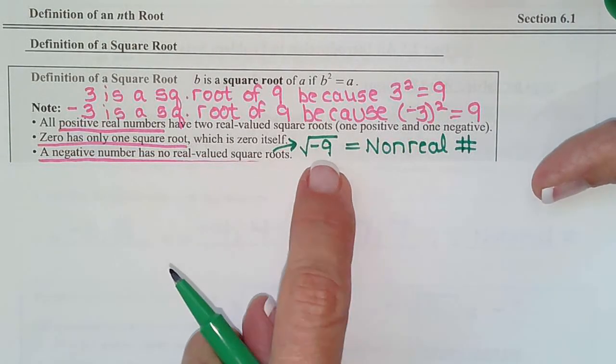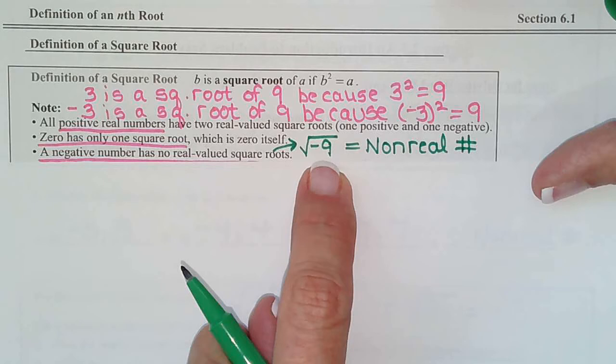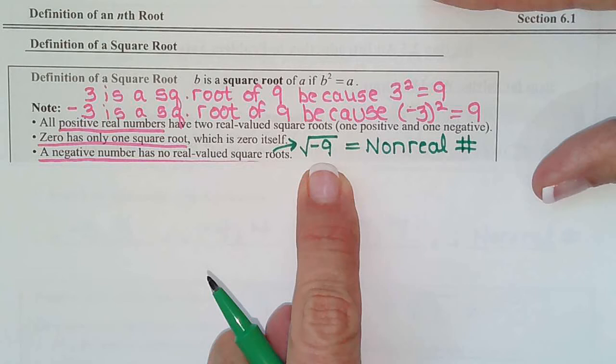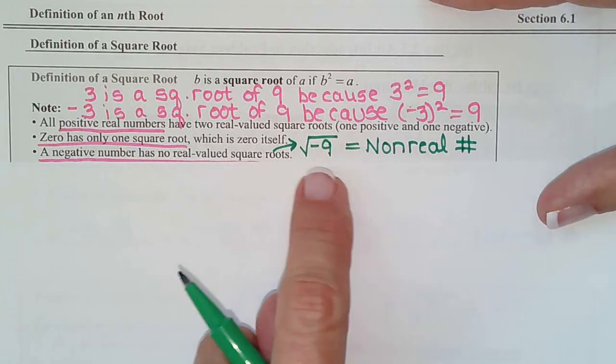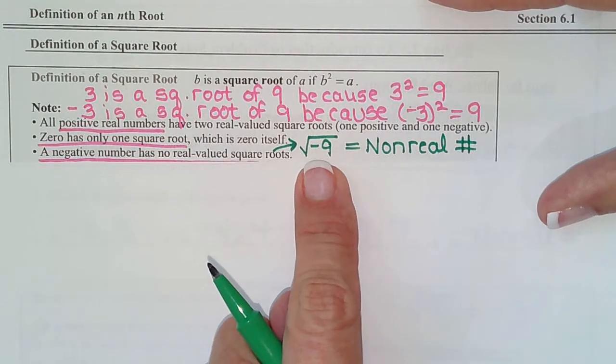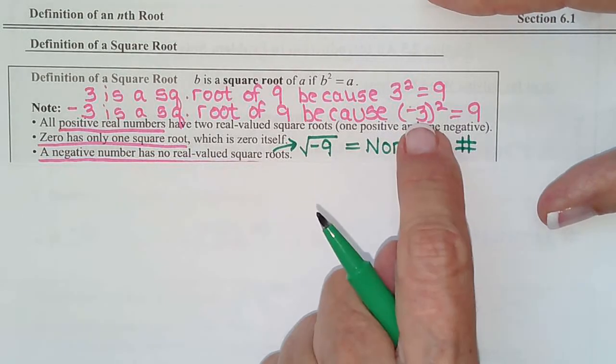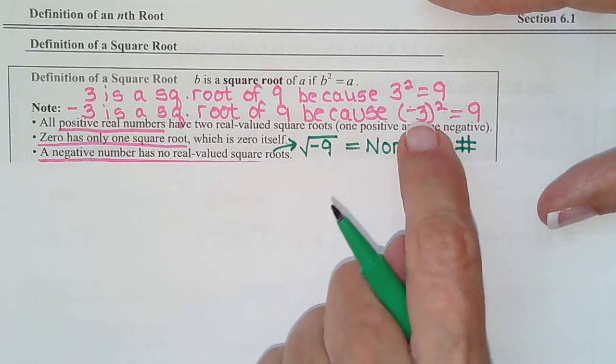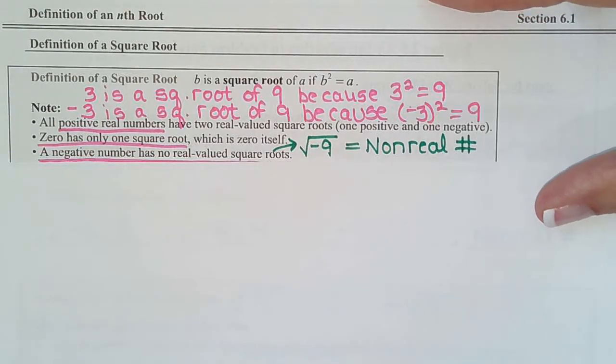We're going to learn at the end of this chapter the square root of negative 9 is actually 3i. It's an imaginary number. The reason it's non-real is because no real number times itself can give me negative 9, because when I take negative 3 times itself, I get positive 9.